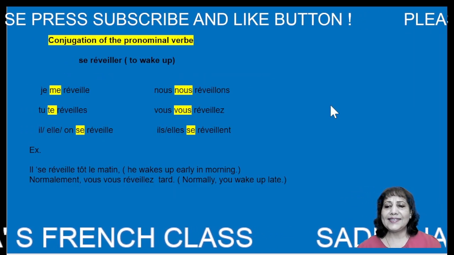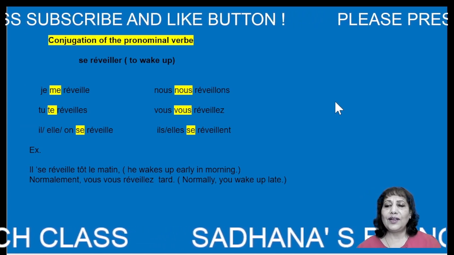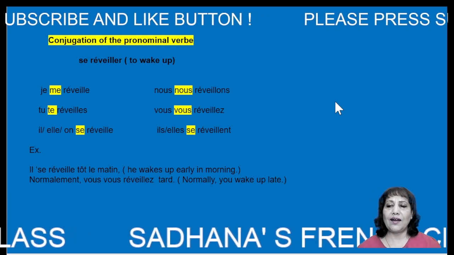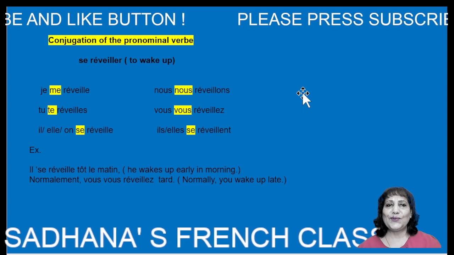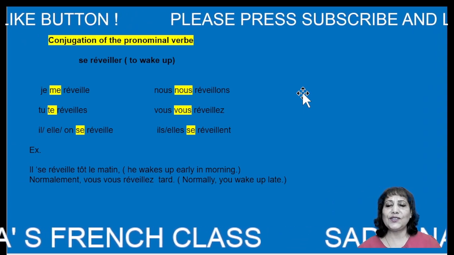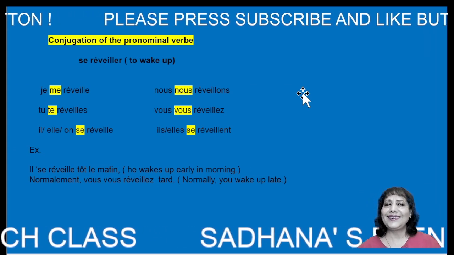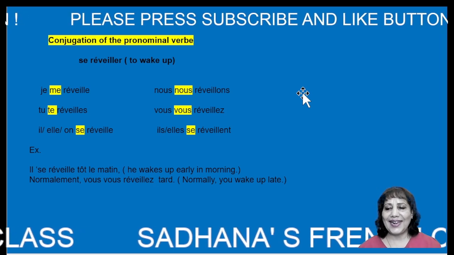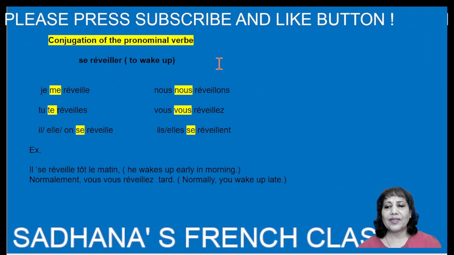Well, friends, for you, I have chosen one pronominal verb, se réveiller. What do you do as the very first thing in the morning? Waking up, isn't it so? So, I have chosen this verb for you. All right, se réveiller, to wake up.